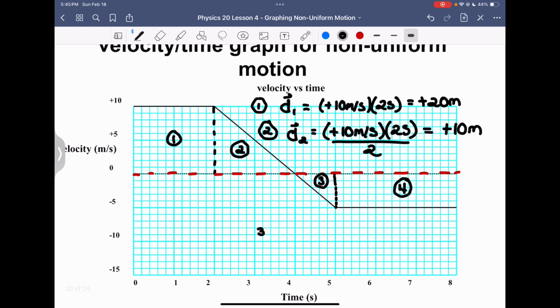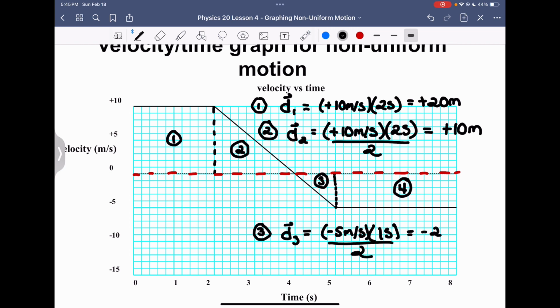So for number 3, if I look down here, this actually dips down to -5 in terms of its velocity. So -5 is the height or the velocity we're going to use. Displacement number 3 is equal to -5 meters per second multiplied by, it's there from 4 to 5 seconds, so 1 second divided by 2 because it's a triangle.